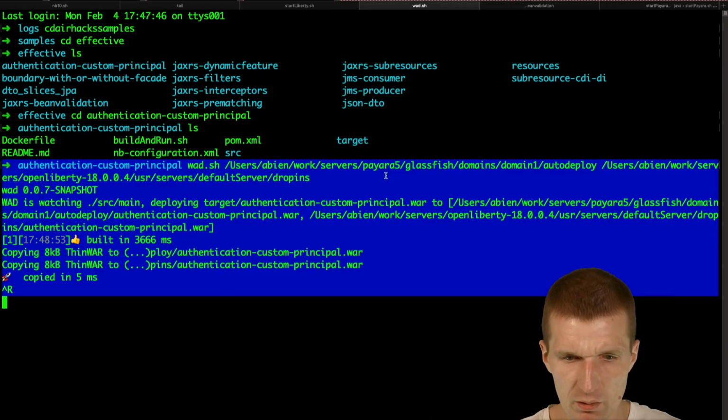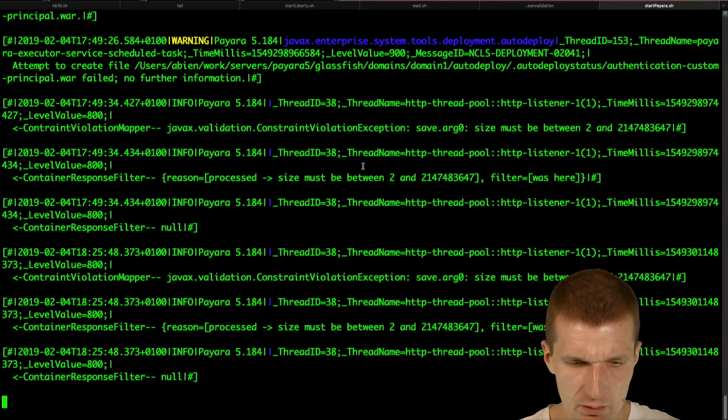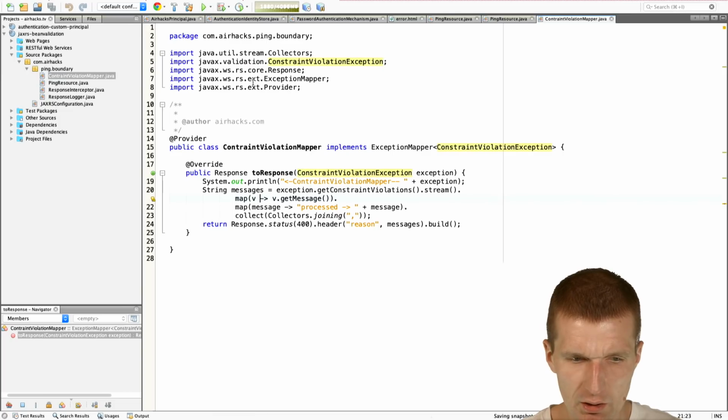So where is the start Liberty? Here's my Payara. You see that the container response filter also kicked in, and so processed size must be between here. So let's now switch back to the IDE. Container response filter.